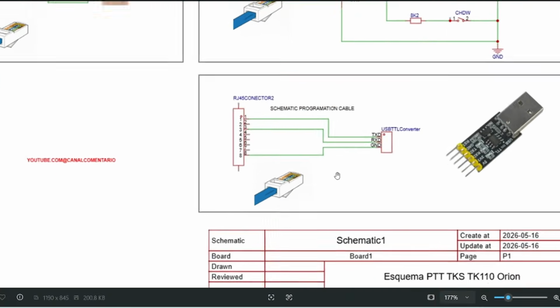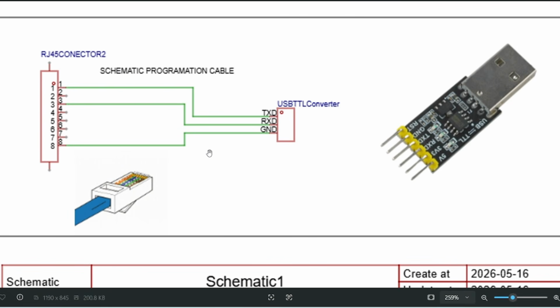And finally, here is the wiring diagram for the programming cable. It's an RJ45, and pin 1 connects here to the TXD pin of the USB TTL converter. I've included a model here. There are several models, but I've provided an example here. So here you have the TXD, RXD, and GND pins. These are the pins you'll need.